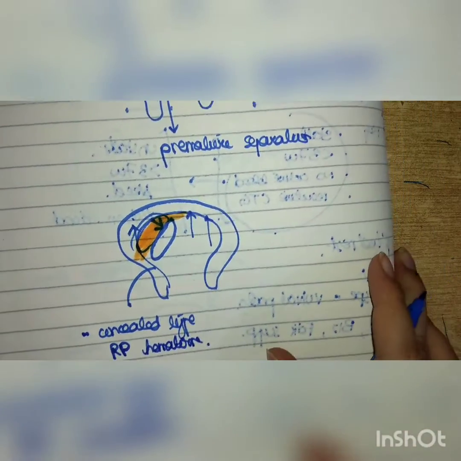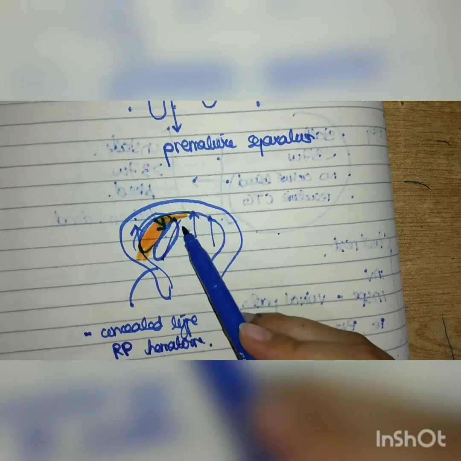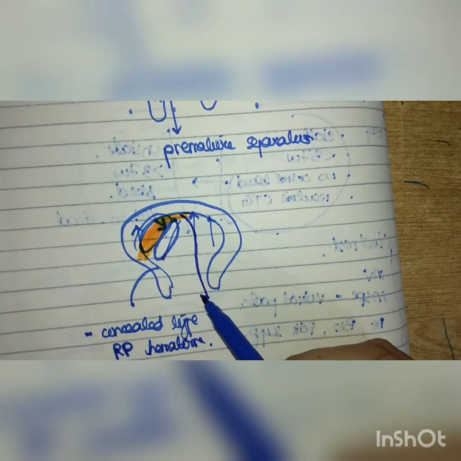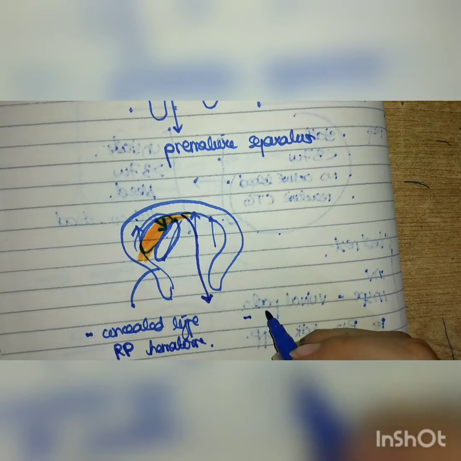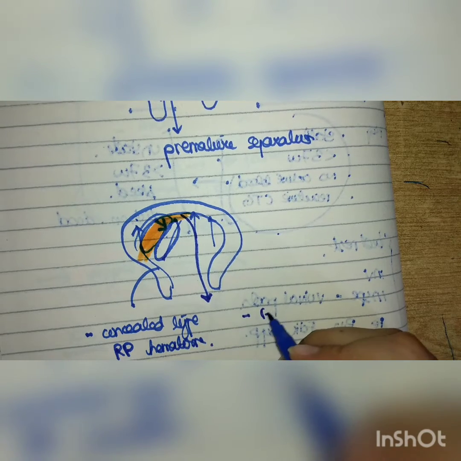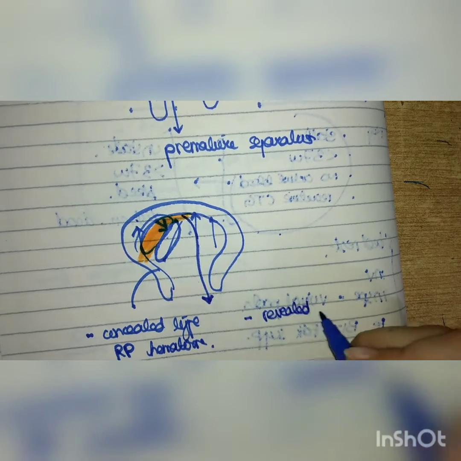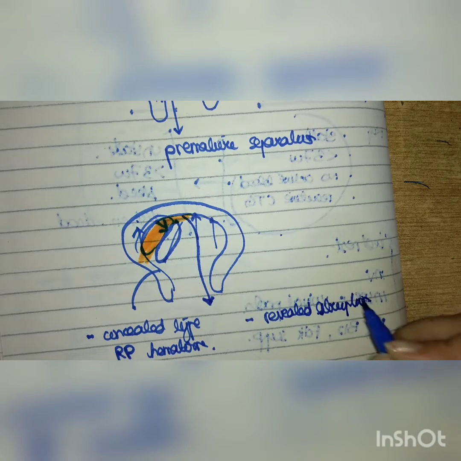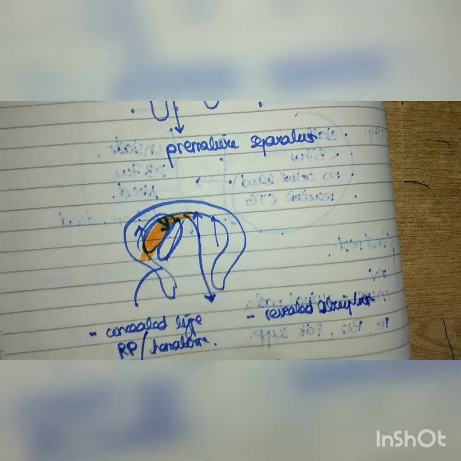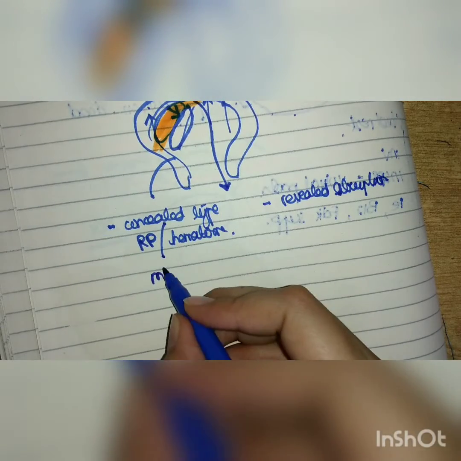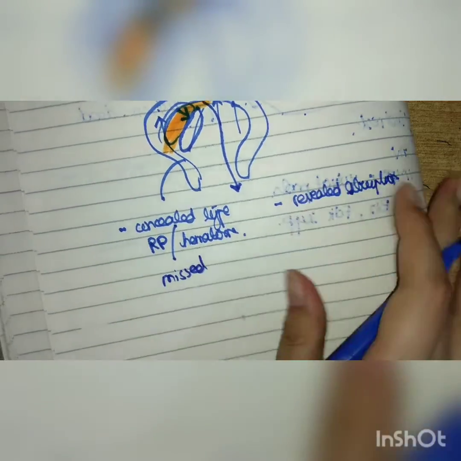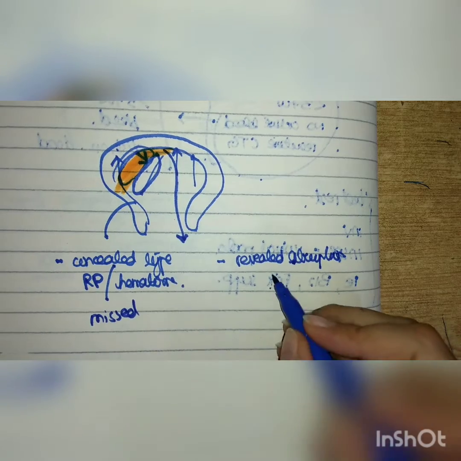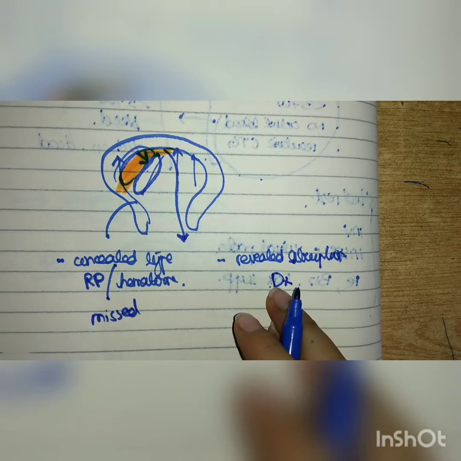But let's say it has torn off and all the blood has seeped out suddenly. Then that type would be a revealed abruption. A revealed abruption is less dangerous than concealed because the concealed type can be missed or misdiagnosed, so it is more dangerous, whereas the revealed one is easily diagnosed, which is why you can save the patient.